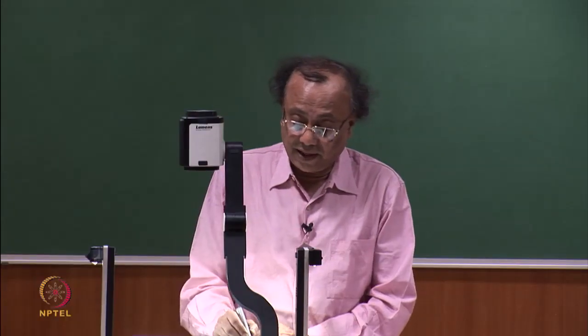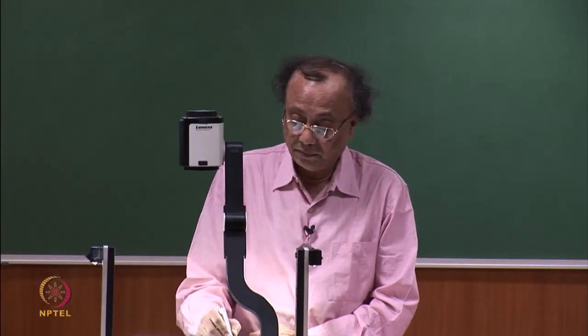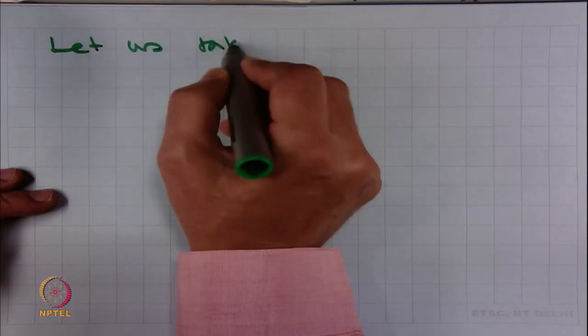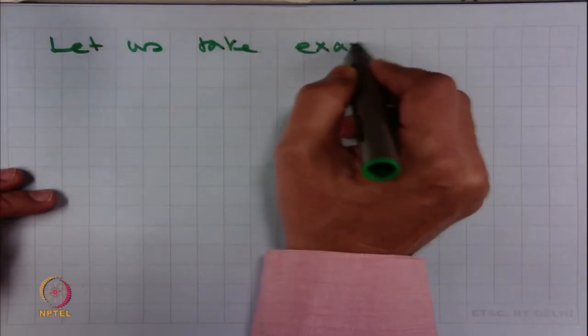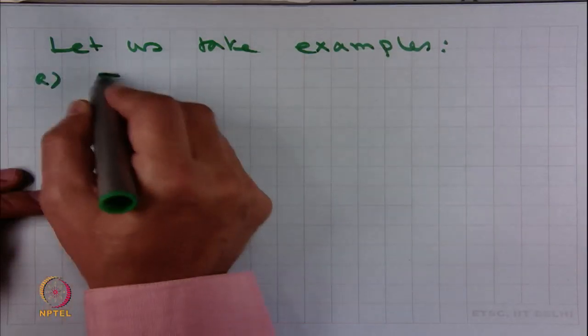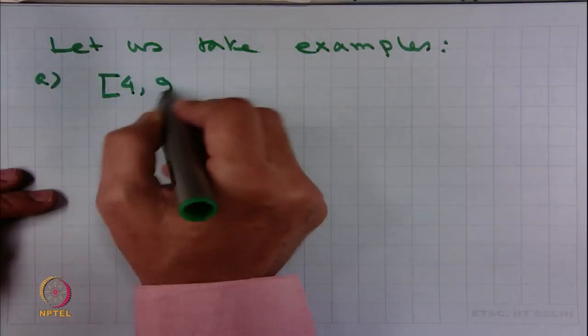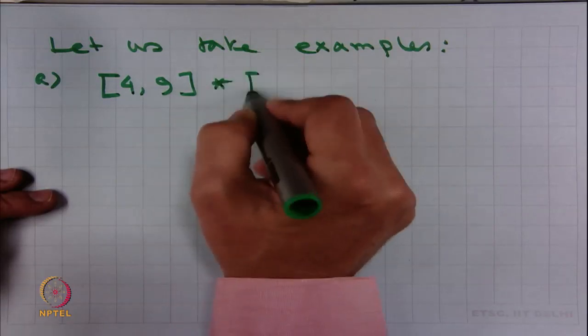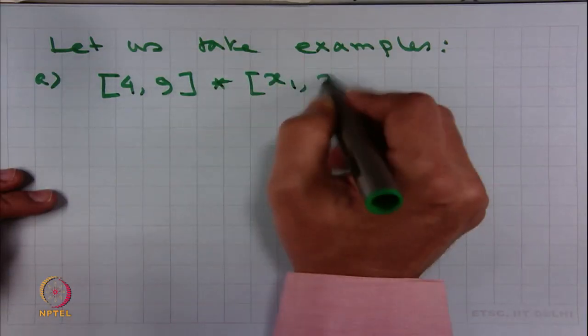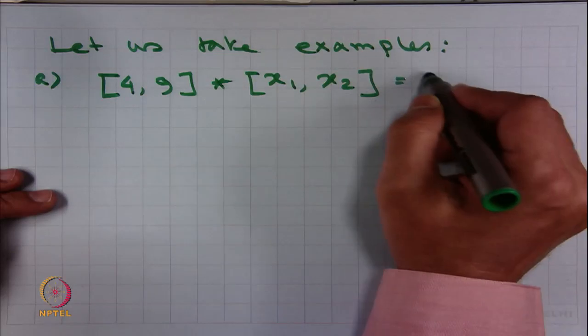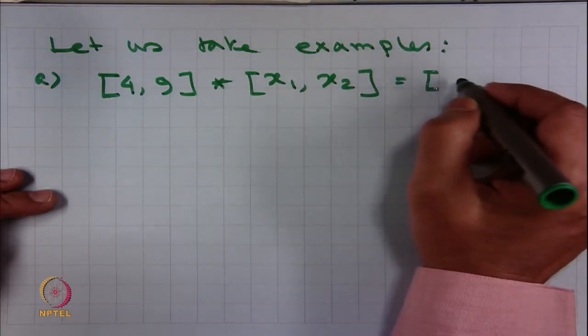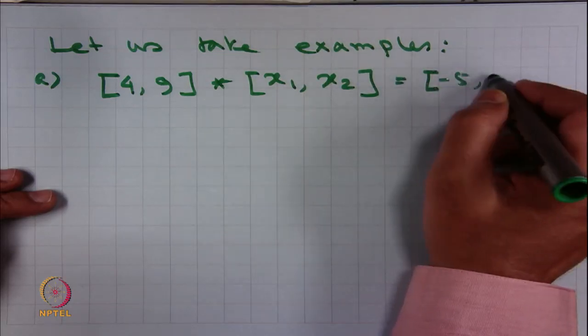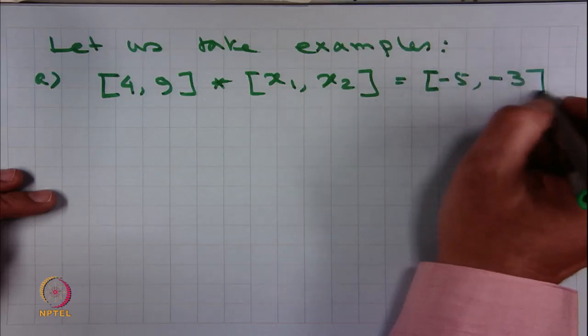So, let us take examples. One is that 4, 9 star x1, x2 is equal to say minus 5, minus 3.